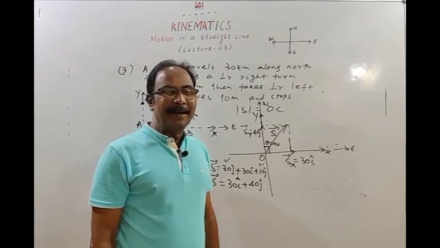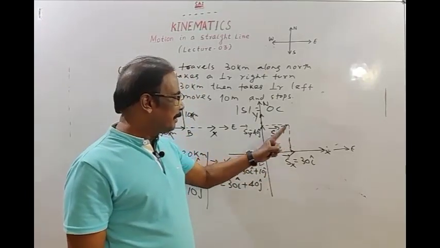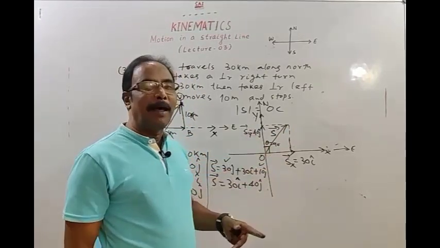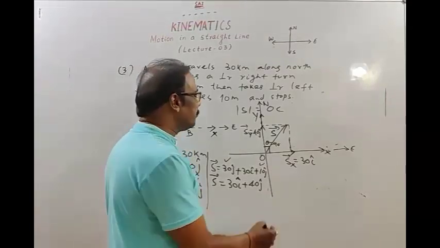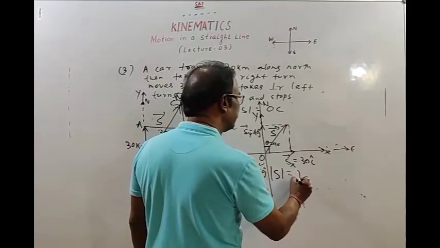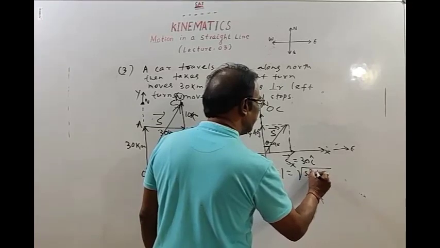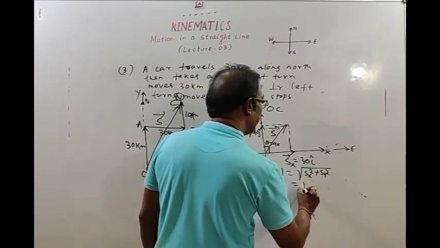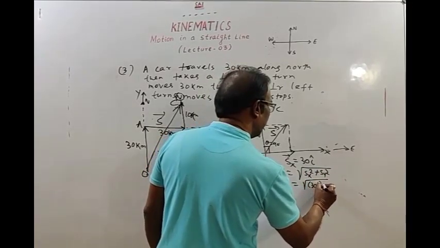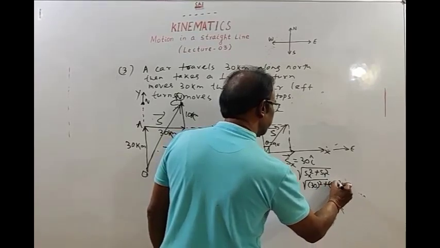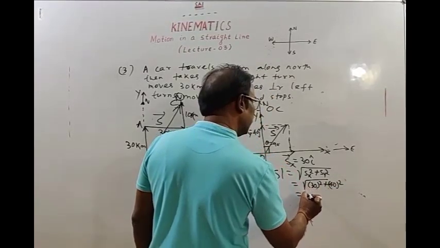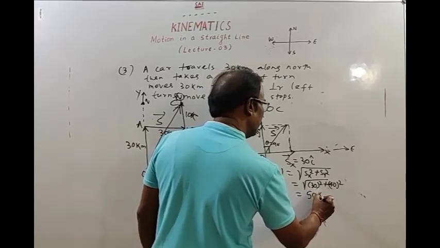How to get rectangular components? S is the resultant vector. Sx and Sy are two rectangular components. So the magnitude of the resultant displacement is the square root of Sx squared plus Sy squared, which is equal to the square root of 30 squared plus 40 squared. So finally the resulting displacement is 50 kilometers.